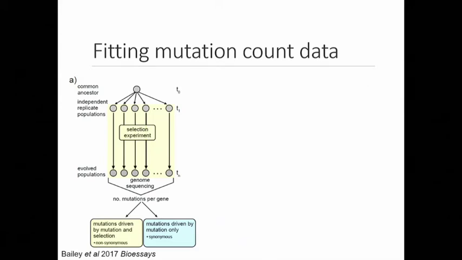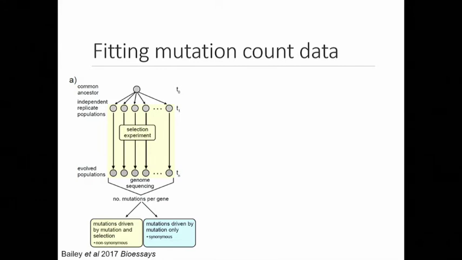We pool that all together, so maybe there's 20 replicate populations, and then we have information on how many times a mutation has arisen across that entire pooled data set, across every gene in the genome. Then we try to divide those mutations up into a set that are likely driven by mutation only, and another set that are driven by mutation and selection.